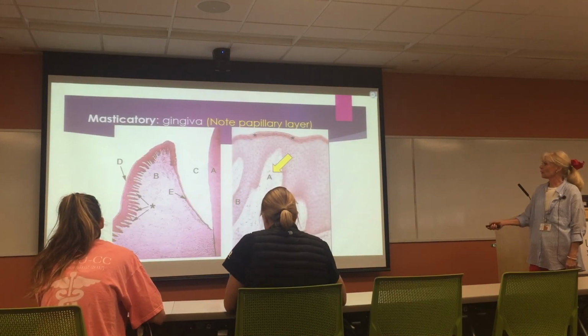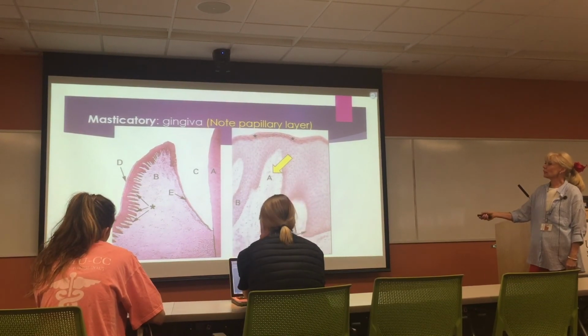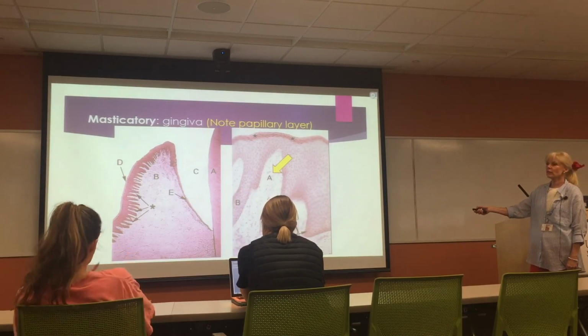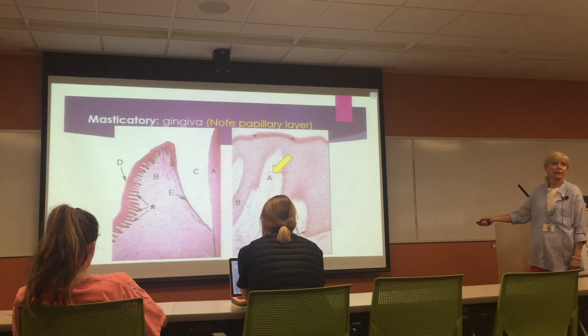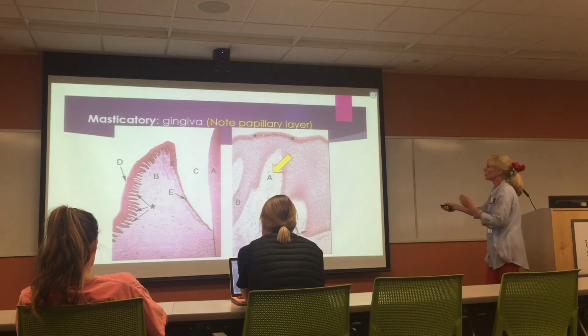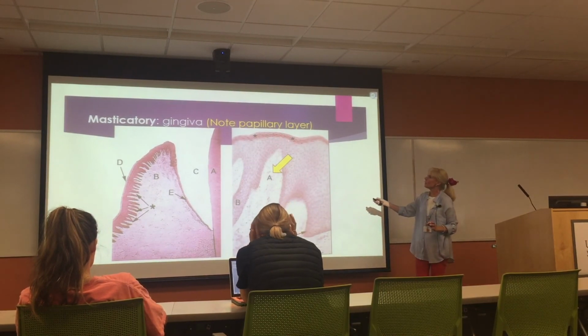Okay, so here in this gingiva you're going to see some areas where it would be ortho-keratinized, and then some areas where it would be parakeratinized. It would just change depending on where you're sectioned. So if you're sectioning right here, what would this be?